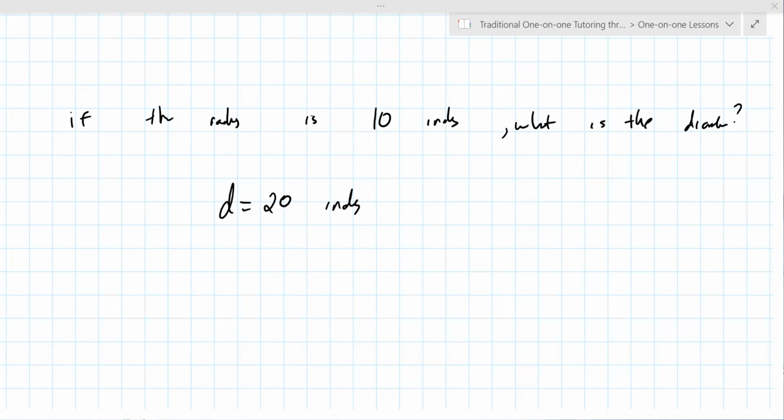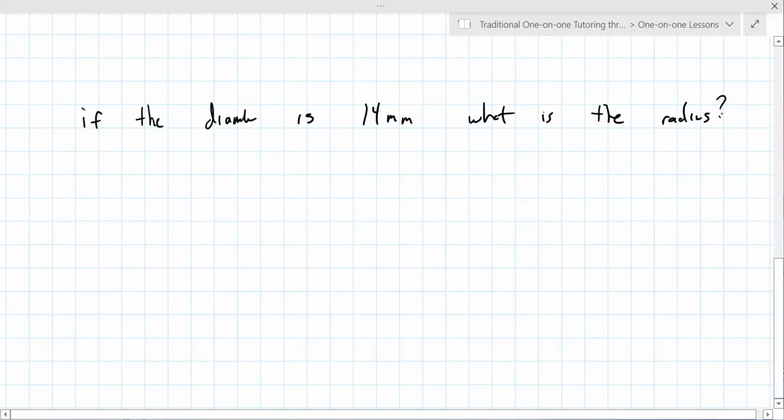You ready for a harder problem? If the diameter is 14 millimeters, what is the radius? What is the radius?